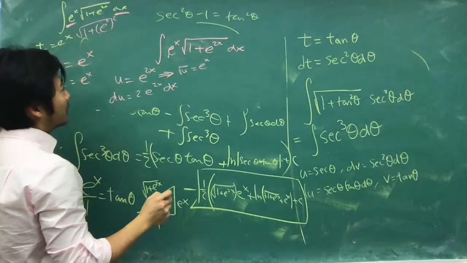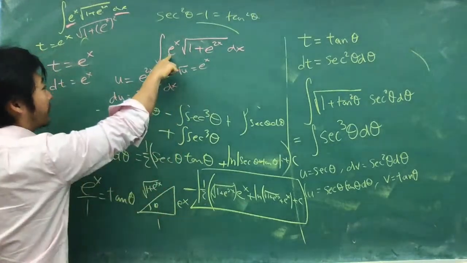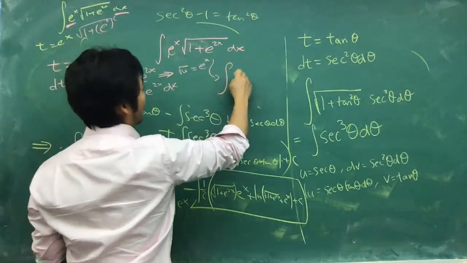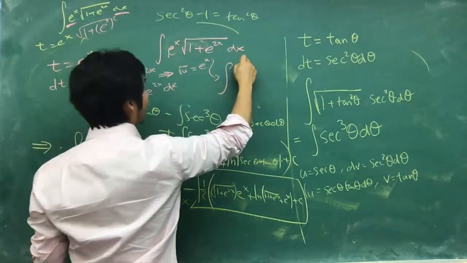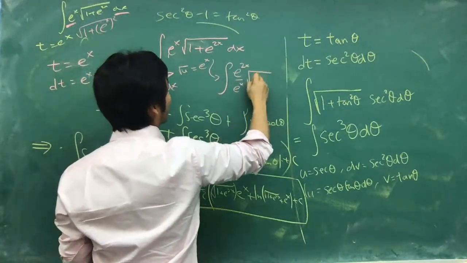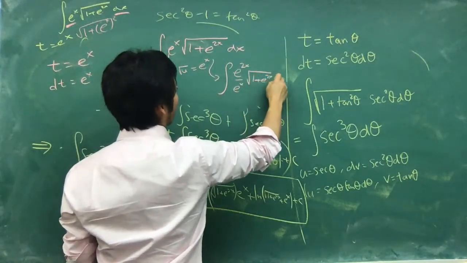And you can multiply top and bottom by e to the x. So bear with me. This is going to be e to the 2x over e to the x and 1 plus e to the 2x dx.